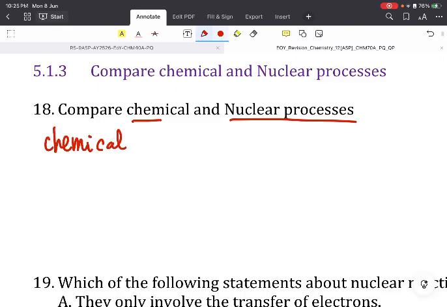So first of all, a chemical reaction involves a certain amount of energy, but nuclear processes involve a huge amount of energy.